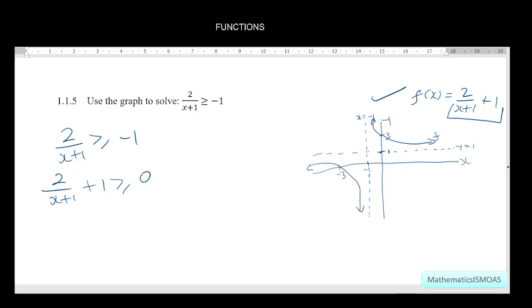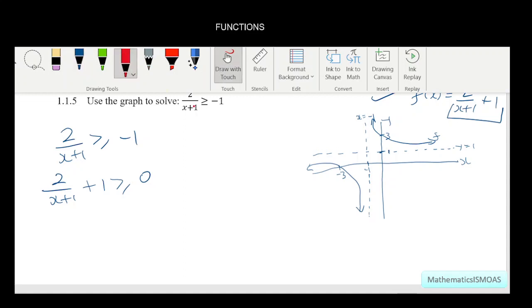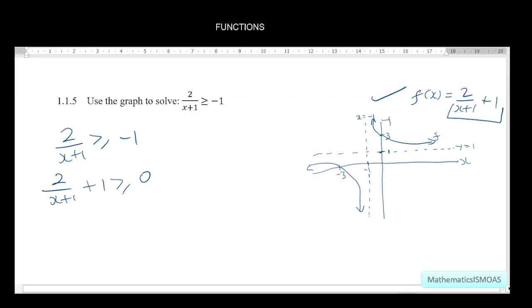So we are going to start first where the graph is greater than 0. Let's check. We are saying our graph will be greater than 0, meaning it will be above the x-axis. The red part of the graph, that's where it will be above the x-axis.